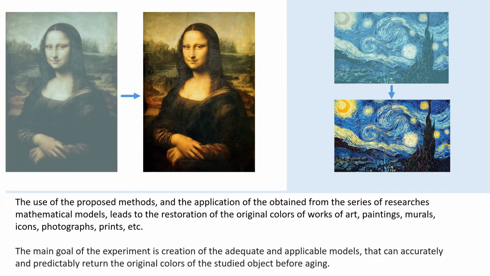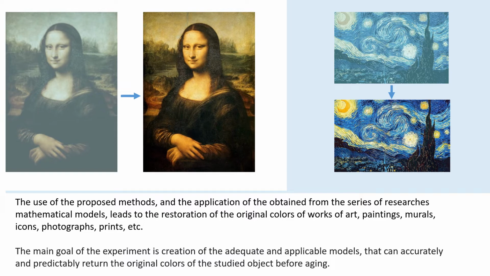The use of these proposed methods and the application of the mathematical models obtained from the series of researches leads to restoration of the original colors of works of art, paintings, icons, printings, books, and many applications could be found.